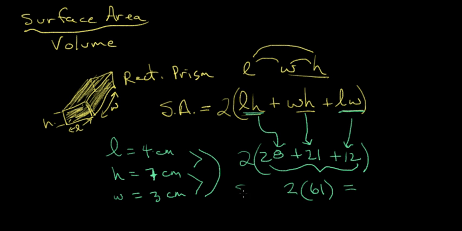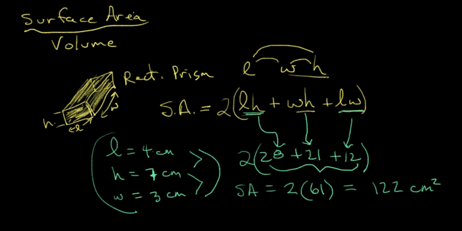And so the total surface area of this rectangular prism is going to be 122 centimeters squared. Remember, even though we're dealing with a three-dimensional object, our total surface area is in centimeters squared because we're dealing with 3 sides or 4 sides or 6 sides, whatever. Okay? So, I'm sure you understand all of that completely.